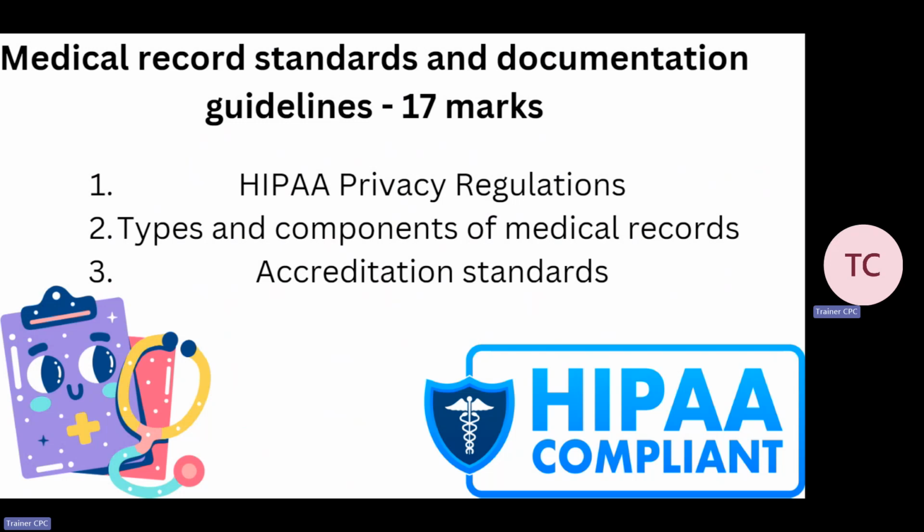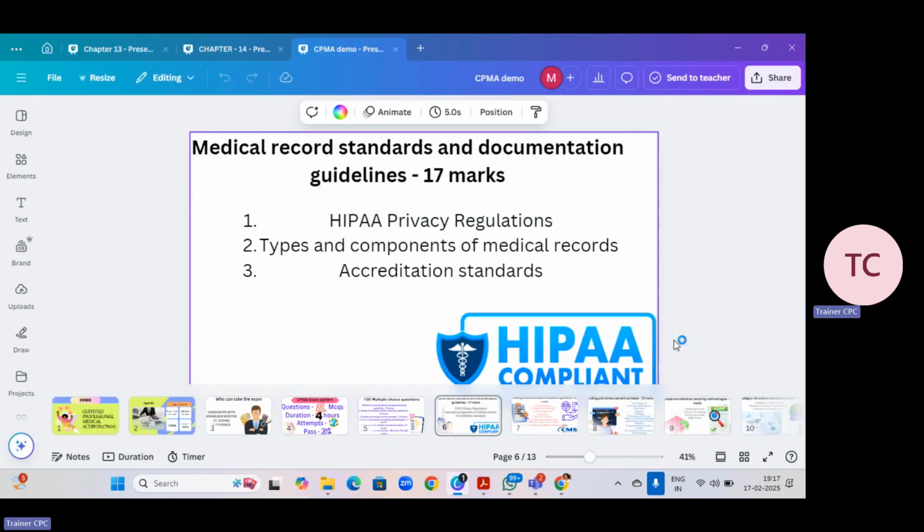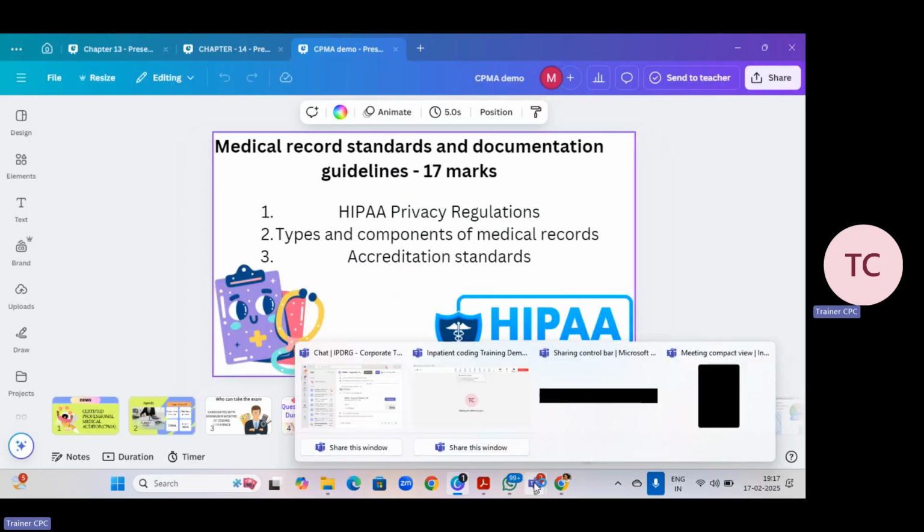Coming to medical record standards and documentation guidelines, you are going to get 17 multiple choice questions from this. So coming to HIPAA, that is Health Insurance Portability and Accountability Act and Privacy Regulations.